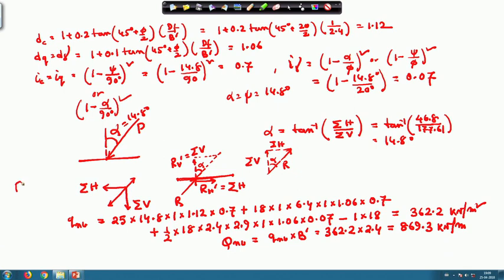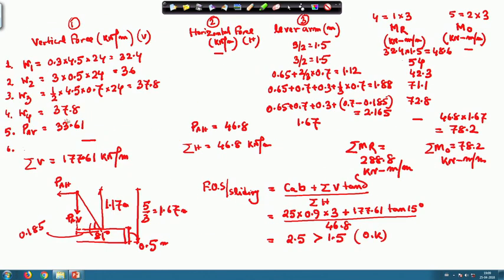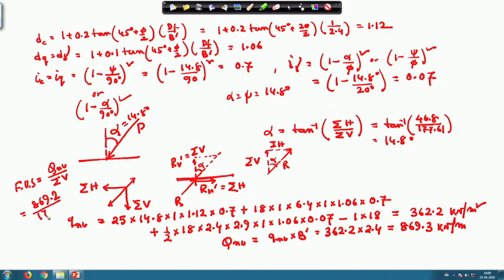So, the factor of safety will be equal to the Q net ultimate divided by total vertical force. So, that is equal to 869.2 divided by the total vertical force, which is 177.61. So, that is equal to 4.9. So, this is greater than 2.523. So, it is safe.